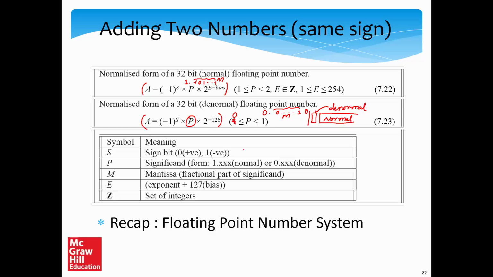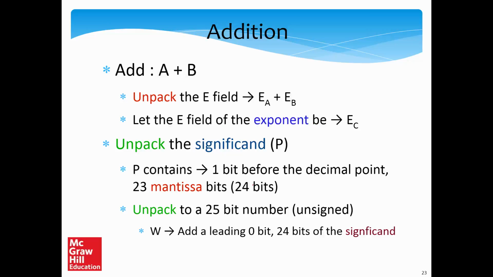Alright, so given the fact that we have seen this, we are now ready to take a look at the way that we shall do floating point arithmetic. So let us assume that we want to add the numbers a and b.